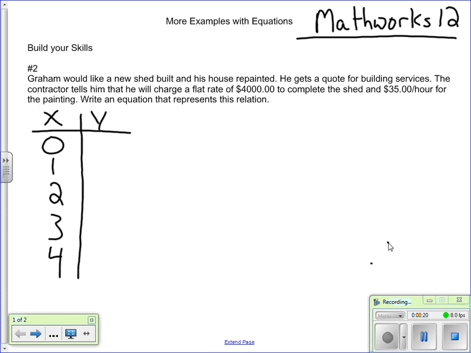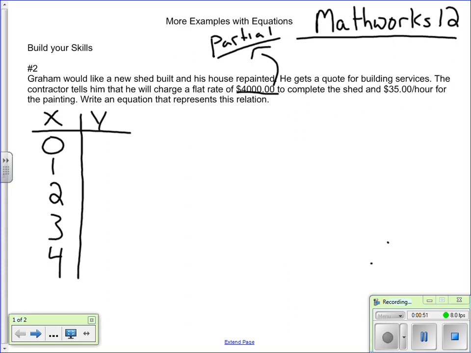So in this question, we're going to look at creating an equation that would represent this relation. Looking at the question, first of all, I can see that there's going to be a flat rate. Whenever you see an initial flat rate on top of a salary per hour, it's a good indicator that we're looking at a partial linear equation.